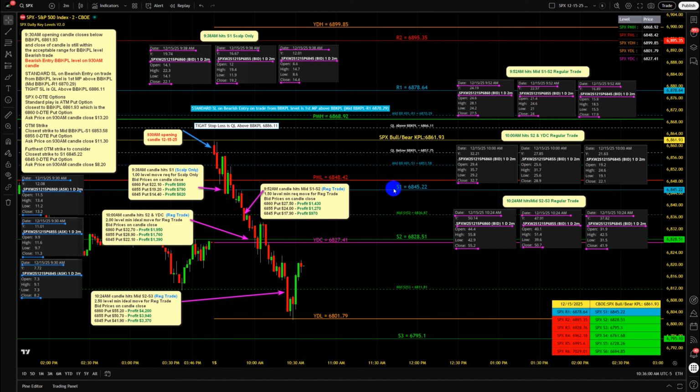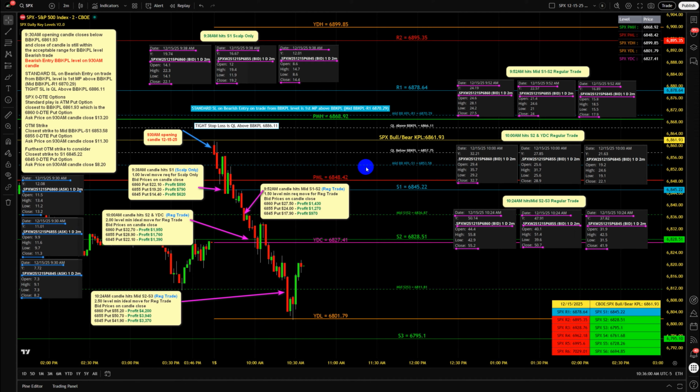One is a link to a Google Drive document which has videos on specific topics regarding this indicator, and then there's also links to other SPX session videos that are about an hour long to an hour and a half long that go into a lot more details about how this indicator works. As we're not going to get into all the details for today's session, we're just going to go over the trades.